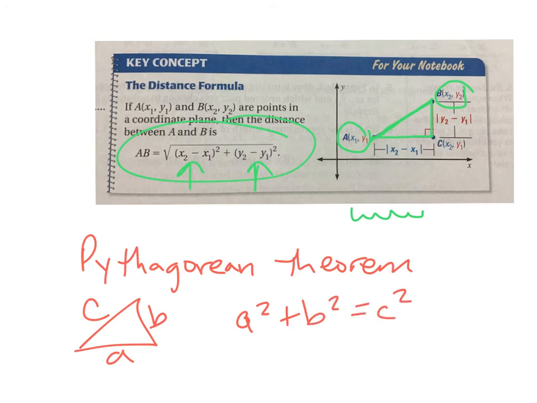So the distance formula is dealing with the c squared. Okay, that's all it is. If you take the square root to get rid of that 2, then you have the square root of a squared plus b squared equals c. That's how they made that formula. They just write it out so you can memorize it better.